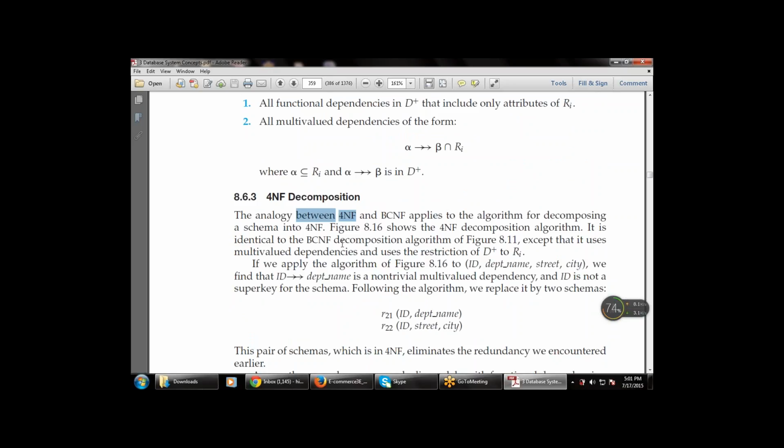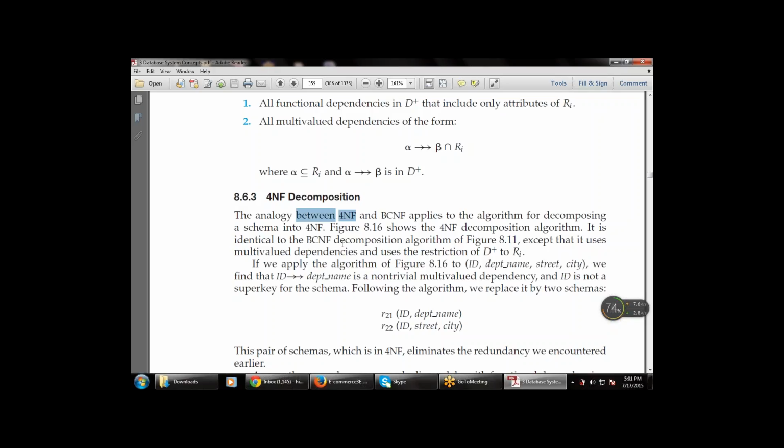Figure 8.16 shows the 4NF decomposition algorithm. It is identical to the BCNF decomposition algorithm of figure 8.11, except that it uses multi-valued dependencies and uses the restriction of D plus to Ri.